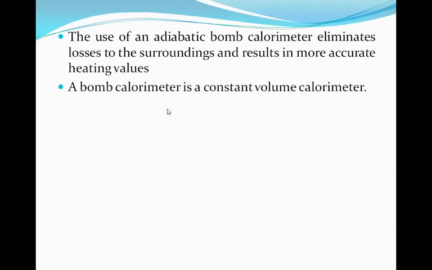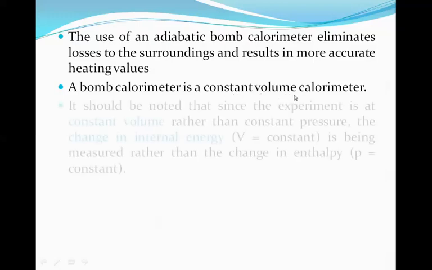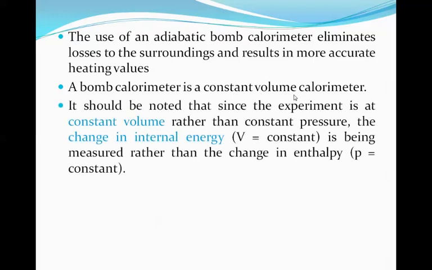Now, when we are using a bomb calorimeter, since the system is totally closed, the bomb calorimeter is a constant volume calorimeter. So a constant volume, that is an isochoric process, is carried out. It should be noted that since the experiment is at constant volume rather than constant pressure, the change in internal energy, where V is constant, is being measured rather than the change in enthalpy, where P is kept constant.